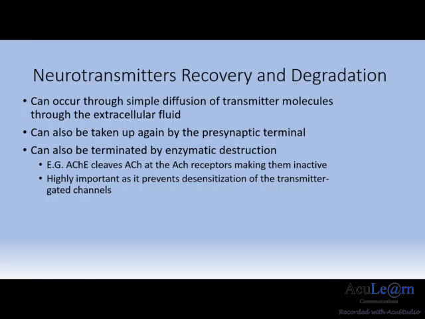This is important because if the removal mechanism is not present, the constant exposure to a high amount of acetylcholine can lead to desensitization of the transmitter-gated channels. This means that even in the presence of acetylcholine, the channels will not open, resulting in the failure of neuromuscular transmission.